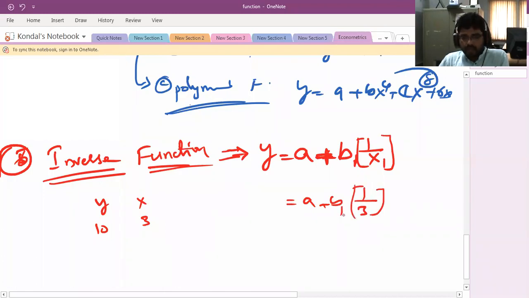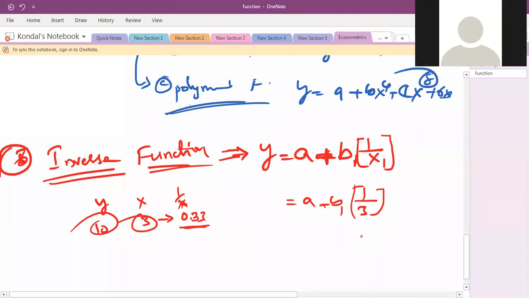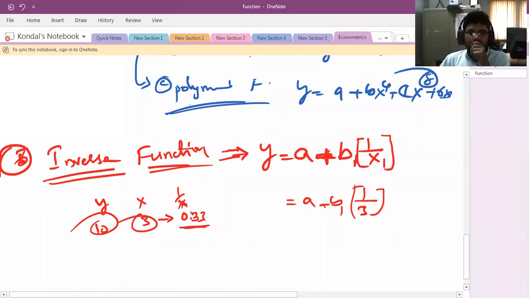Therefore, we should take the 1 by 3 value, which when you convert the data into 1 by x is 0.33. We cannot take 3; we will take only 0.33 versus 10. Have you got it? Yes, sir. When you convert the data, then only you will come to know how we get the 1 by x and how much value will be there. So this is an inverse function.